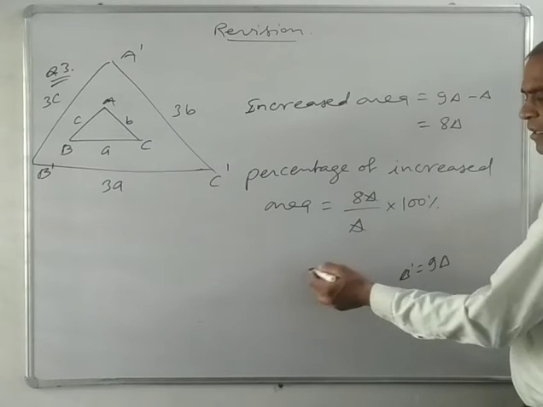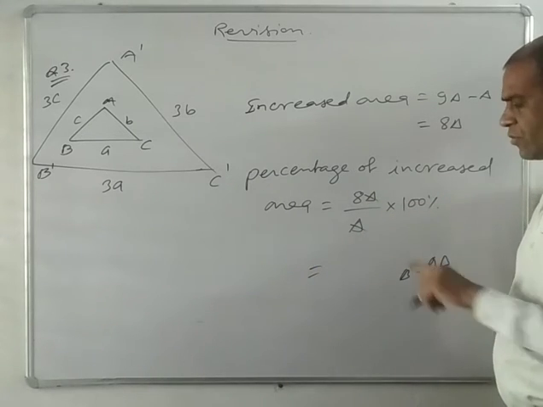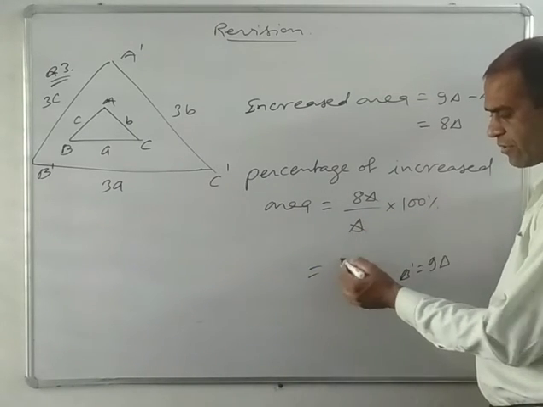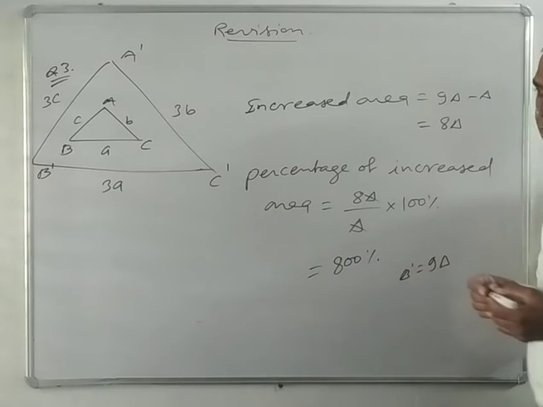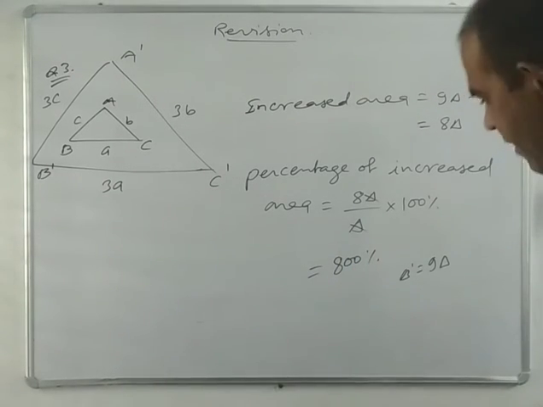Here 8 delta is the increase on delta. So 8 into 100 is 800%. 800% is the increase in area.